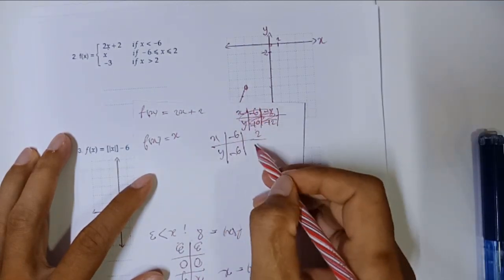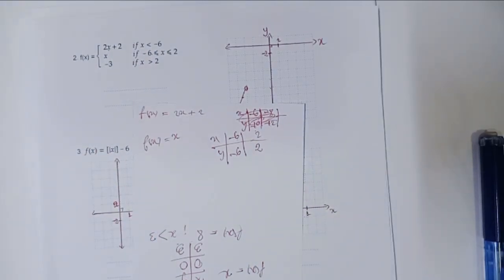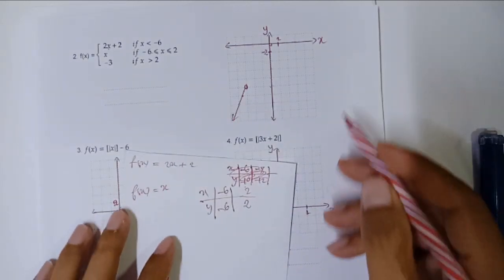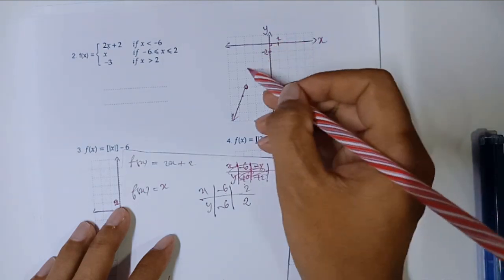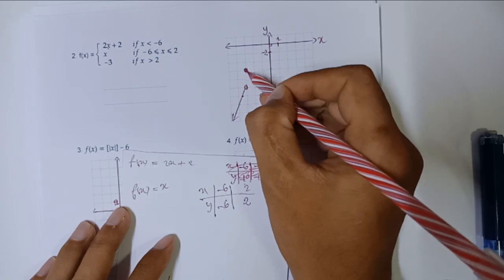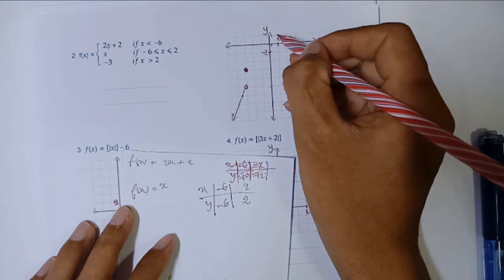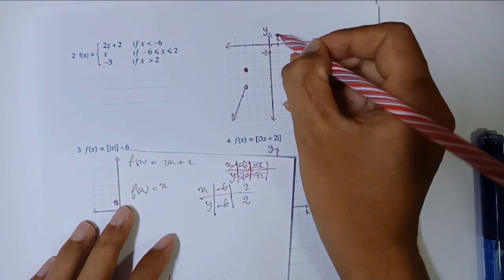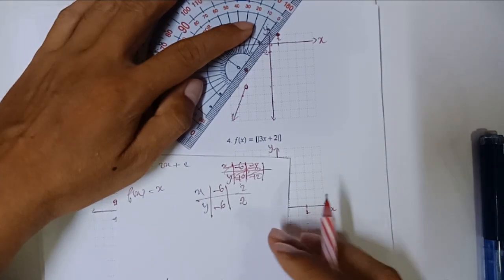When x is 2, y is also 2. So -6, -6, and then you got 2 and 2. So -6, -6 will be a solid circle, and then you got 2 and 2, a solid circle as well. Now you connect the two together.